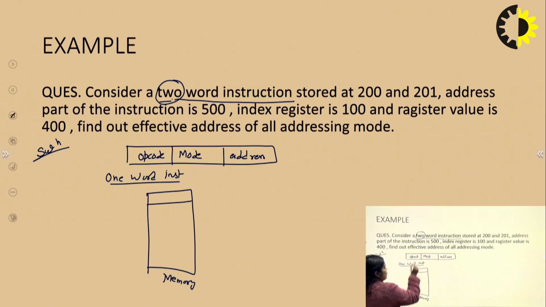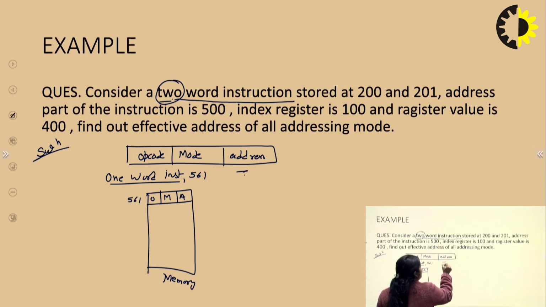Suppose this one word instruction is stored at 561. This 561 is written over here, and this particular word holds the opcode, mode and address. This is the one word instruction.